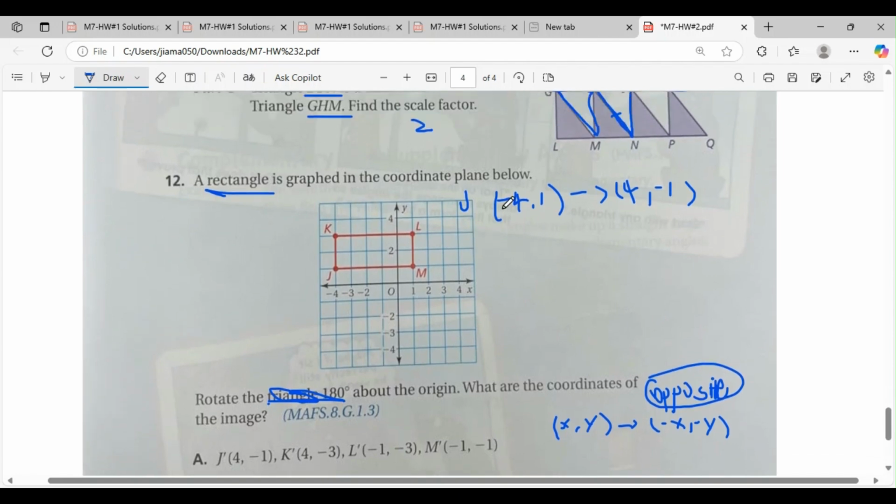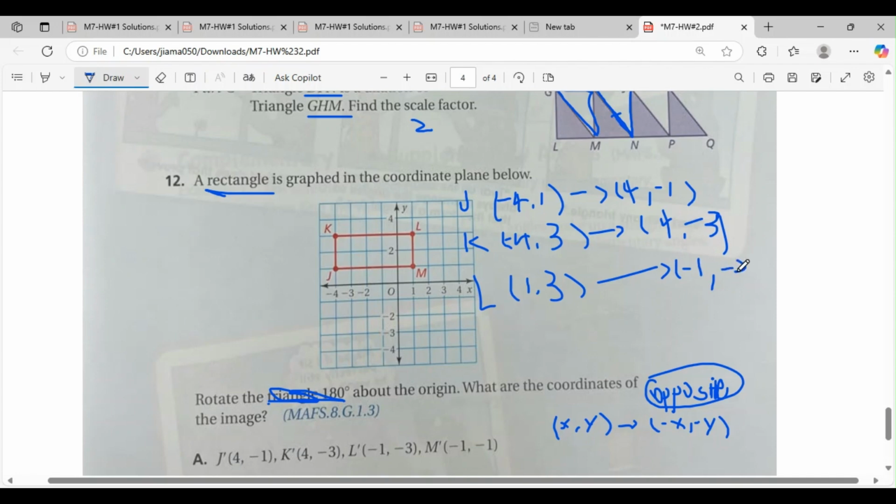Okay, so K. K is negative 4 and 3 becomes 4 and negative 3. Okay, L is 1 and 3 and becomes negative 1 and negative 3.